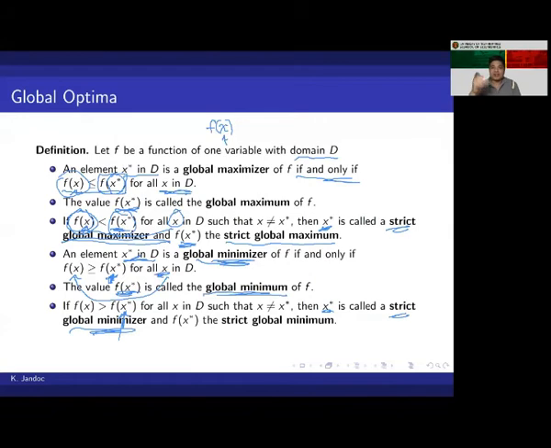So if you plug in any other x in the function f, it will always yield a value that's strictly higher than when you plug in x star in the function. If that's the case, then x star is called the strict global minimizer. And the value of the function f of x star is called the strict global minimum.